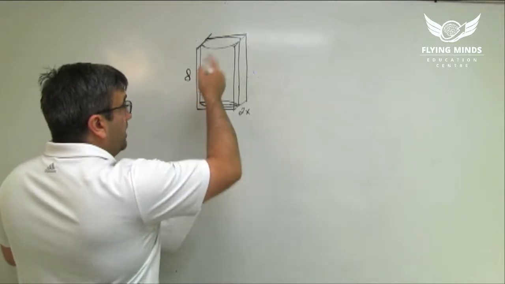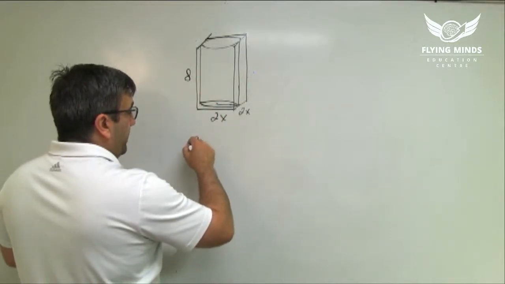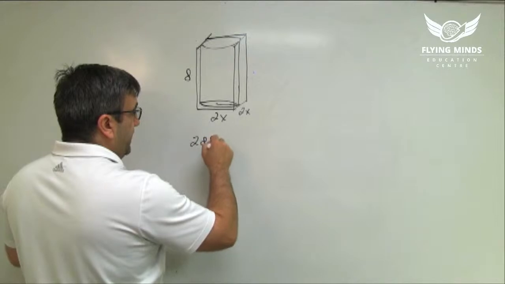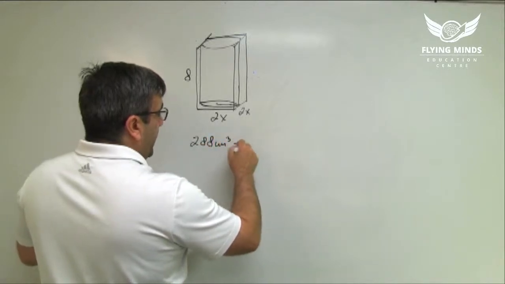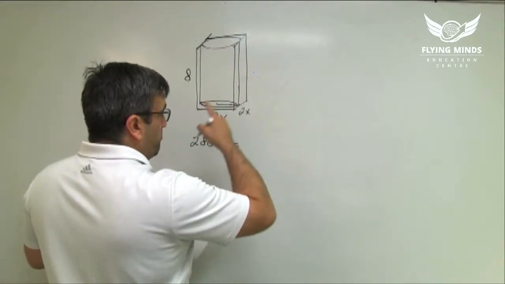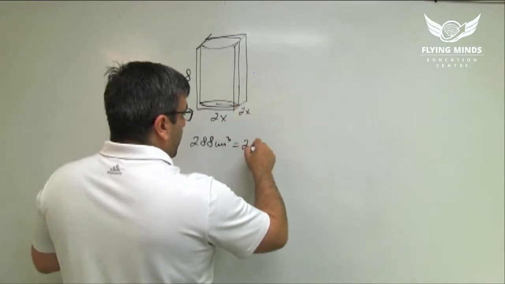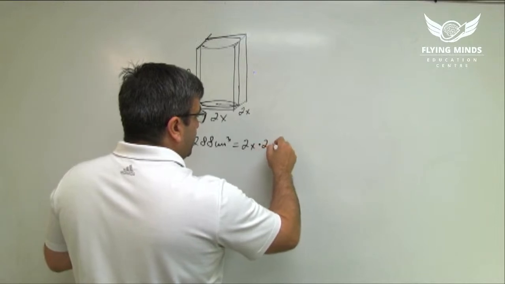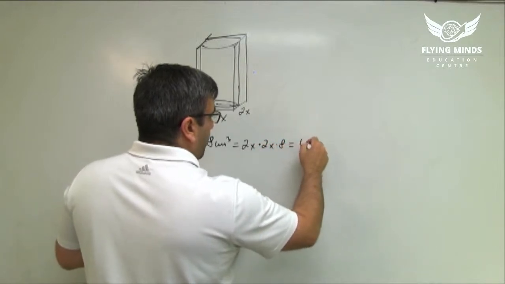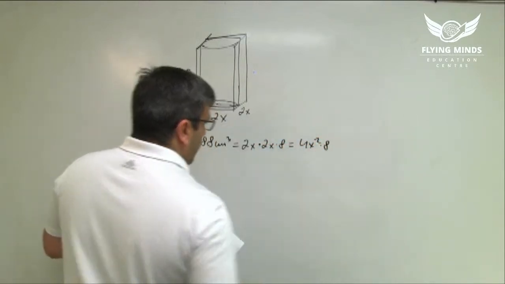Let's try. The volume of the box is 288 centimeters cubed, and volume is length times width times height, which is 2x times 2x times 8 equals 4x squared times 8.